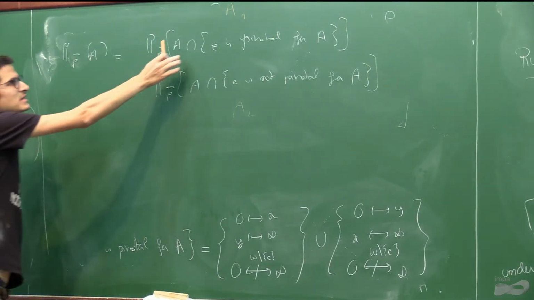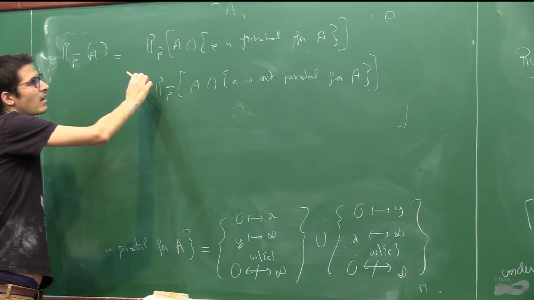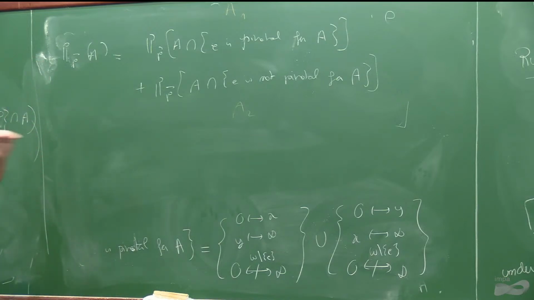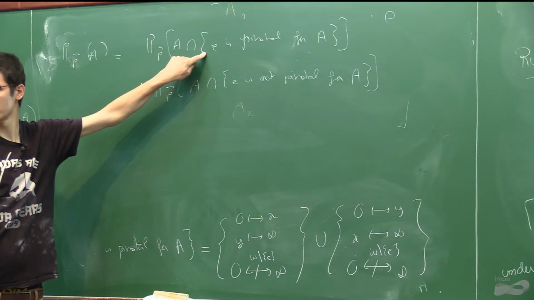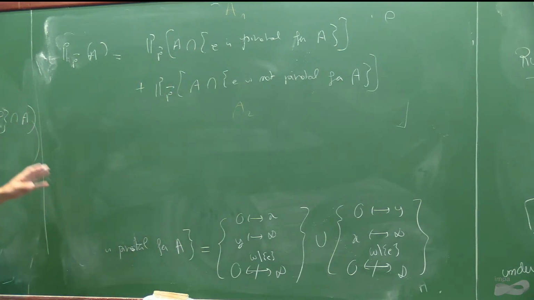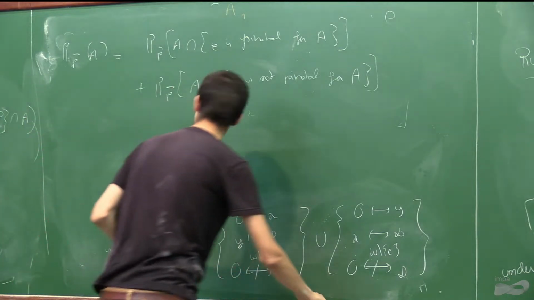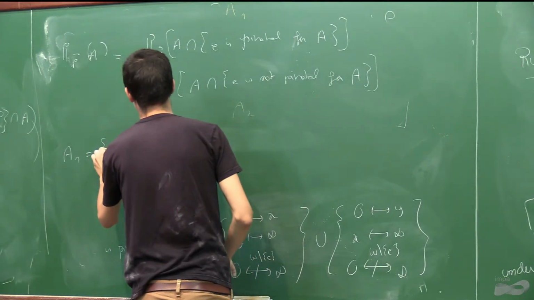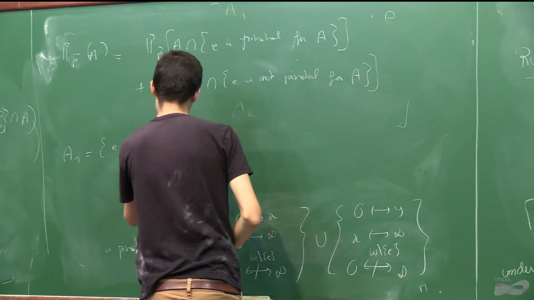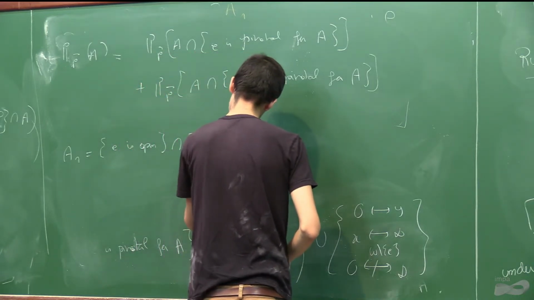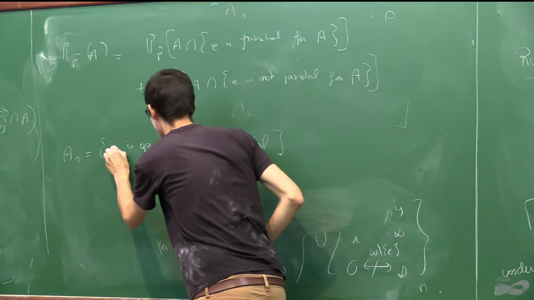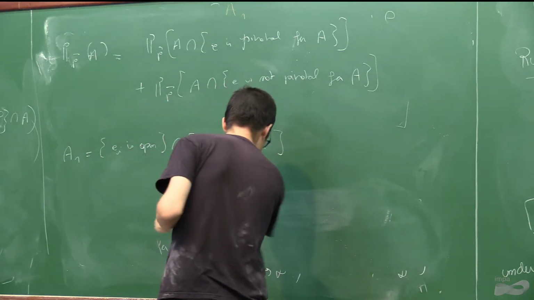So the thing is that this event is exactly the event that e is open and e is pivotal for A. And e is pivotal for A is an event that is independent of e_i. So A1 is equal to e is open and e is pivotal, and these two things are independent.